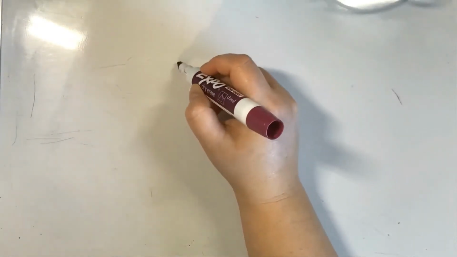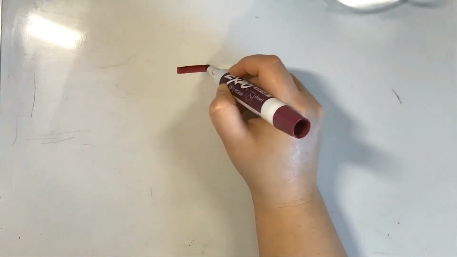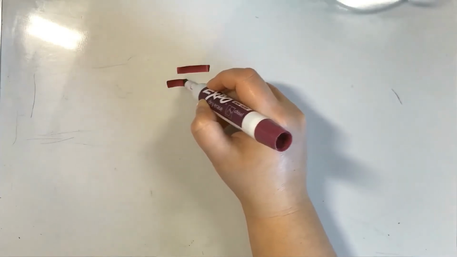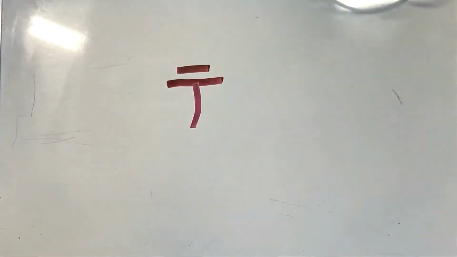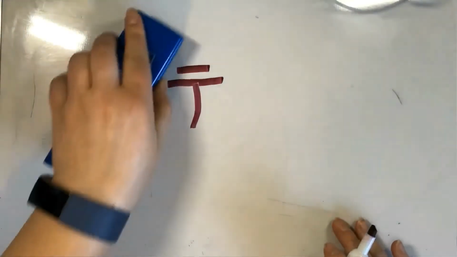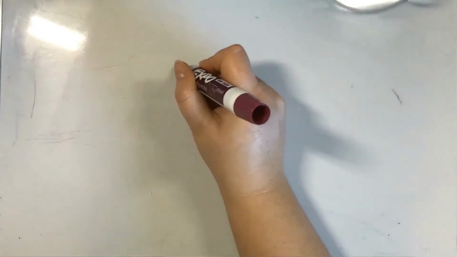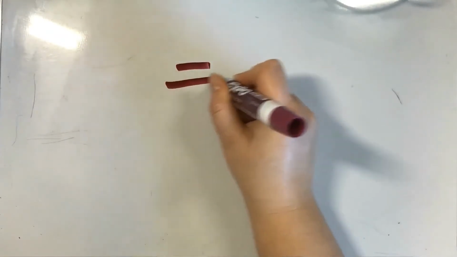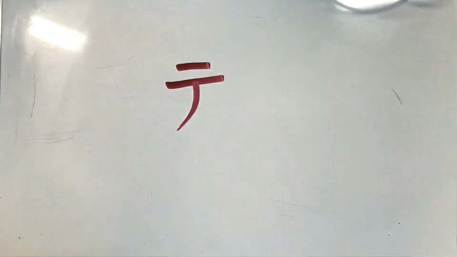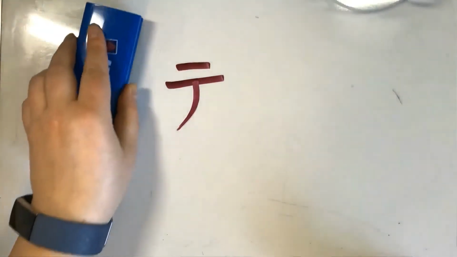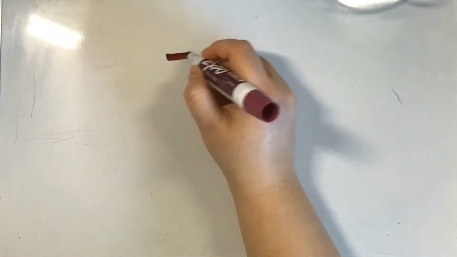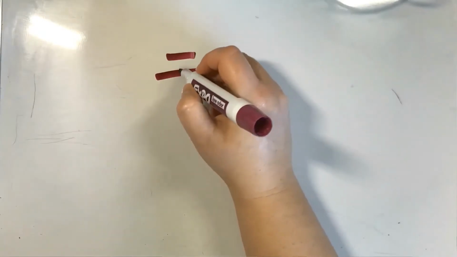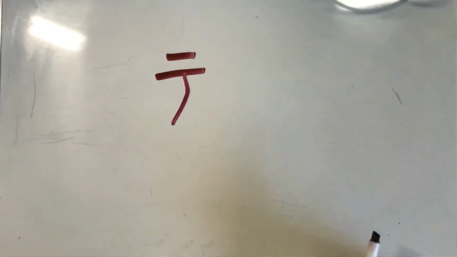You start with that line at the top, then do another, longer line underneath it, and then a line that meets in the middle and comes down and flicks off. Short line, long line, down and out. And that is te.